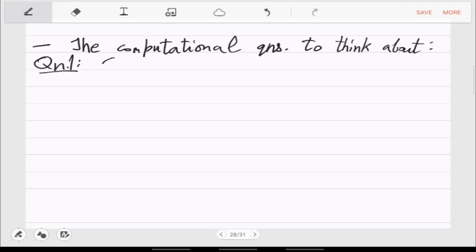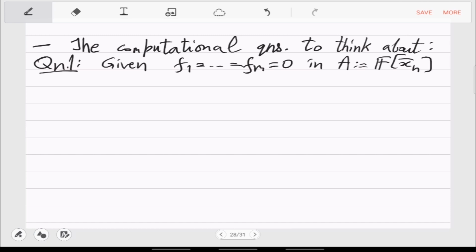So first is, as stated in the overview, if I give you a system of polynomials f1 to fm in the polynomial ring in n variables, so this is the input.